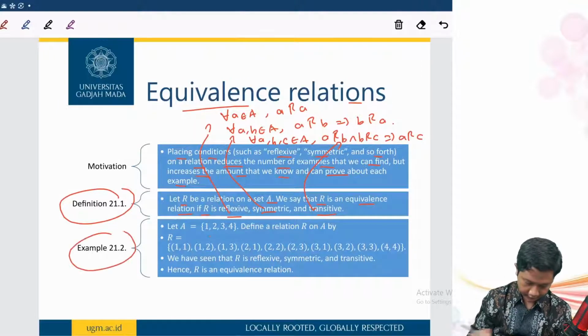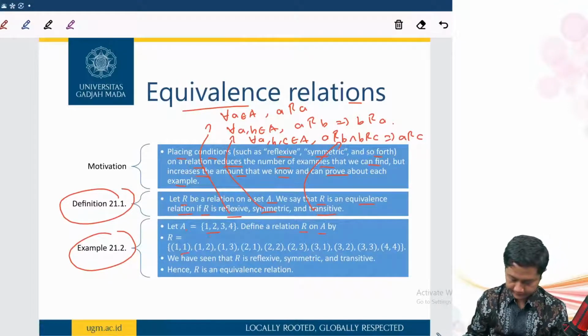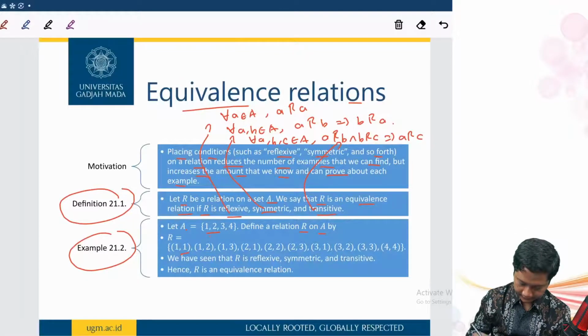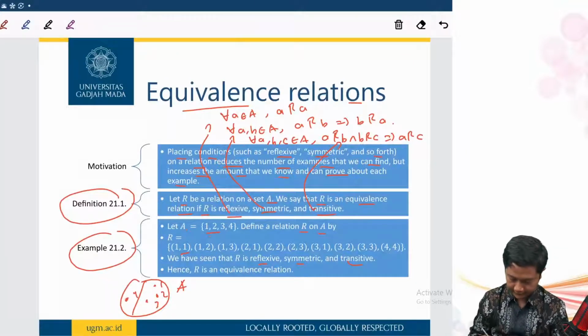Okay, so we go to the first example. We have this set A, and we define a relation R on A. This is the relation, and we can check that this relation is reflexive, symmetric, and transitive. Checking further, 1 is related to 1, 1 is related to 2, 1 is related to 3, and 4 is related only to itself.